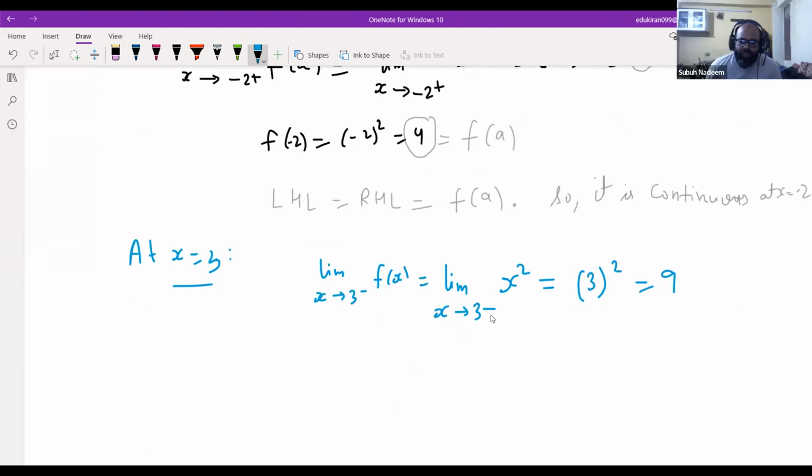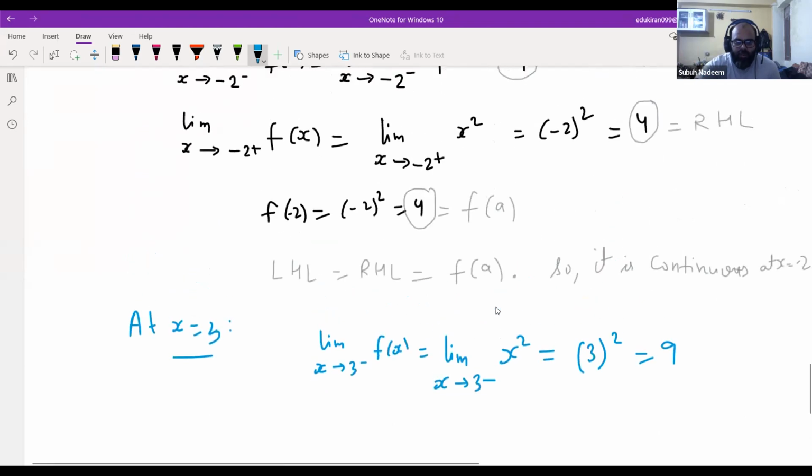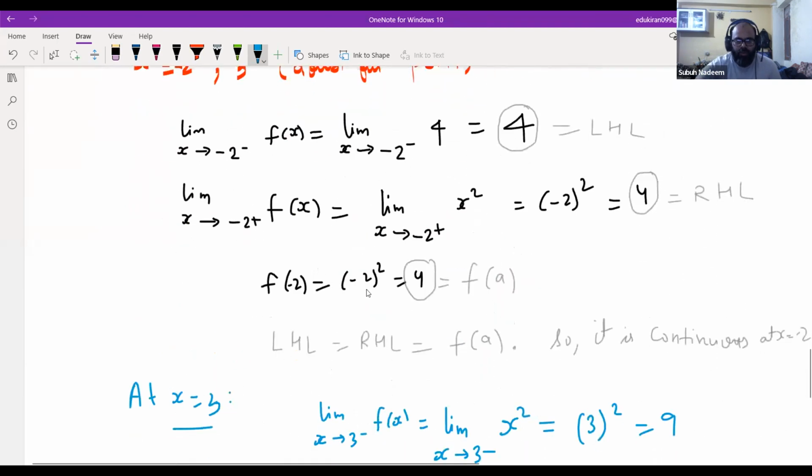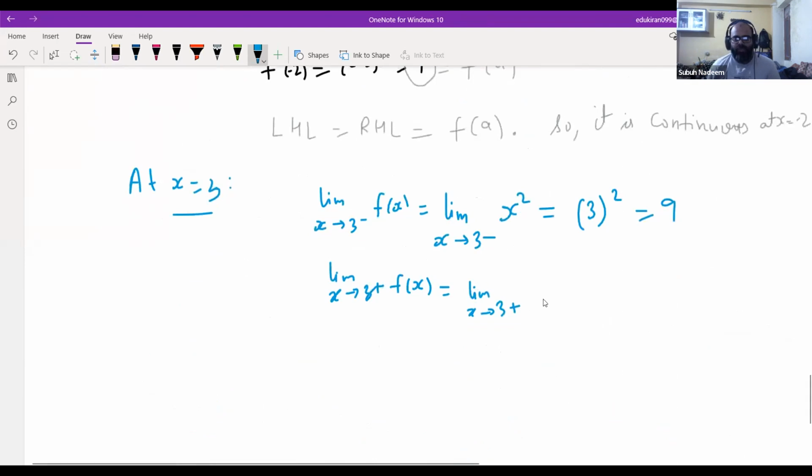Don't write it as -3. 3 minus means left of 3, so you finally put 3. Similarly, the limit as x approaches 3 plus of f of x: for 3 plus, x greater than or equal to 3, it is x. So you will take x and then put 3 here.